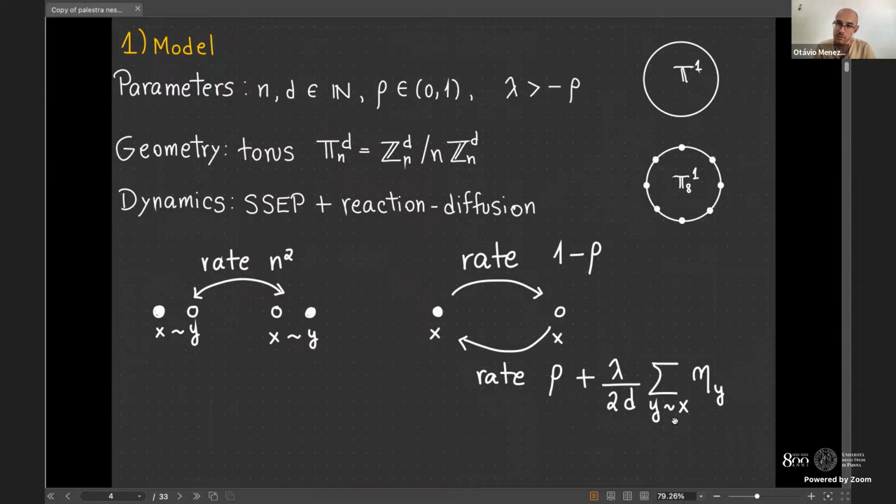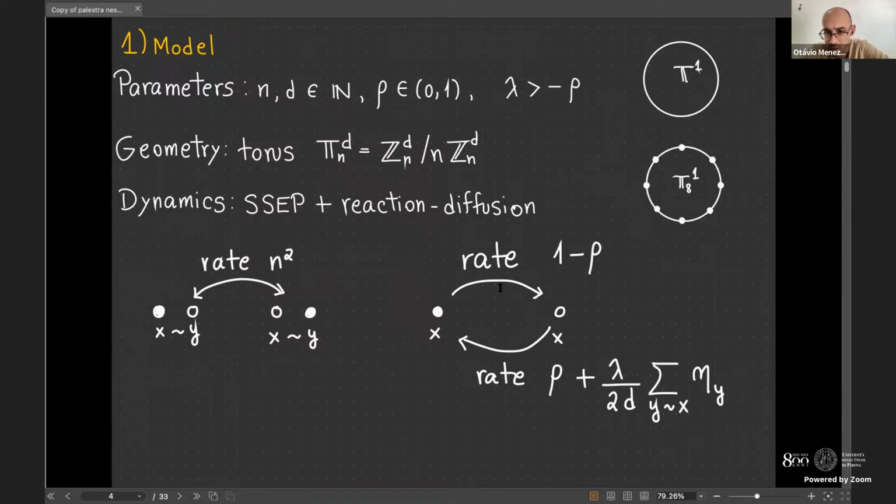If you have independent spin flips on top of diffusion, then of course your stationary state is product with density rho. Here, if lambda is positive and we add this term, then it's like the system wants to be at density rho, but it gets some extra help. So the actual density should be a bit higher than rho.